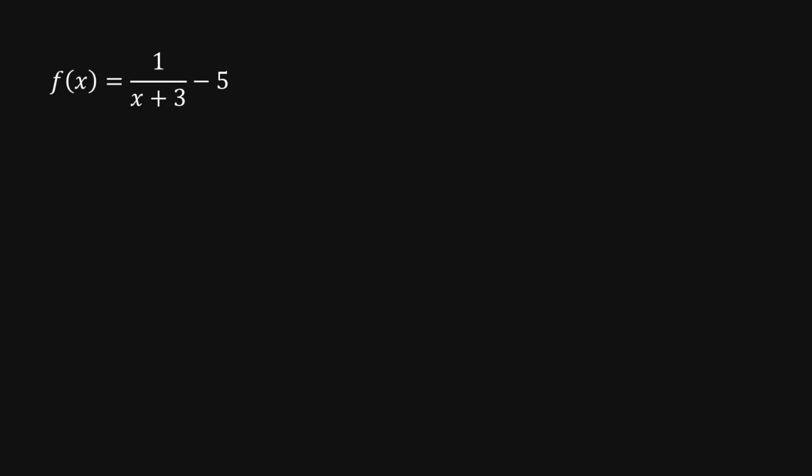To find the excluded value in the domain of the function, we equate the denominator to 0 and solve for x. x plus 3 is 0. Then we find that x is negative 3, which means that the domain of the function is all real numbers except negative 3, because when x is negative 3, the denominator is 0.